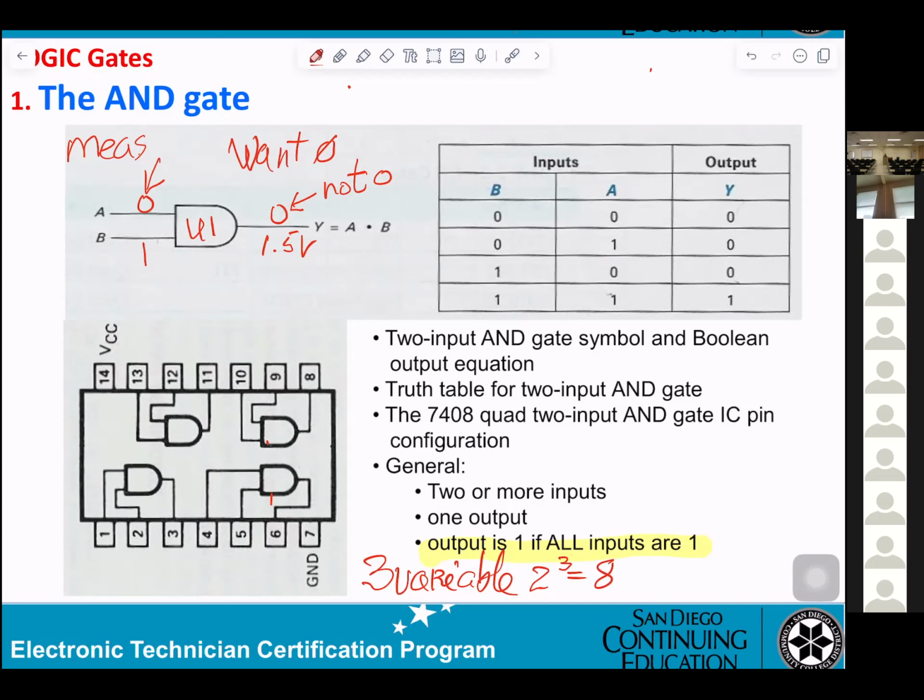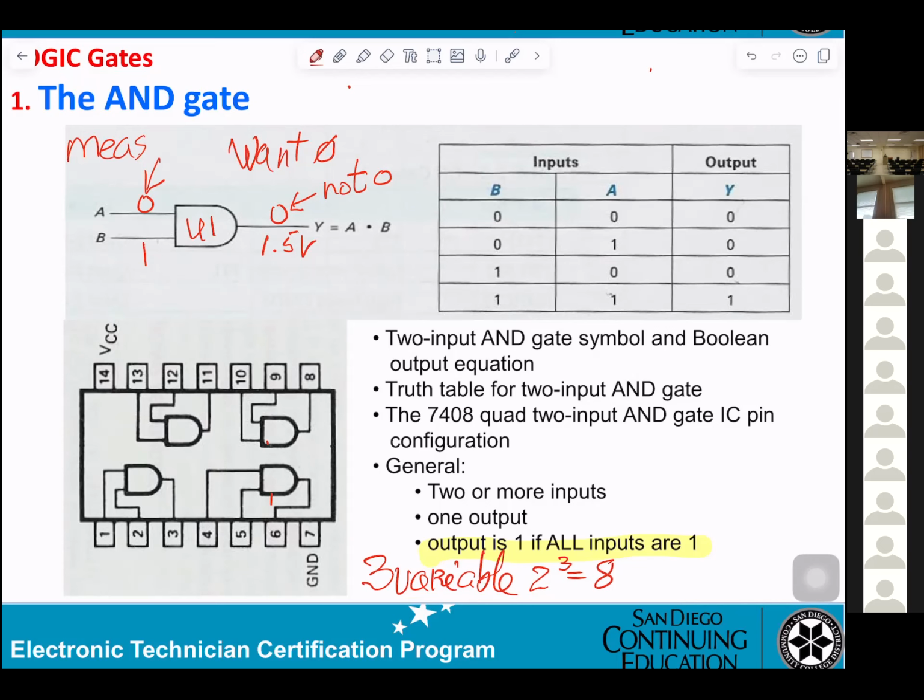You know something is wrong. You have to check the inputs. First thing, you check input A. You want 0, and you get 0. Next step, measure B. That's what I'm telling you.